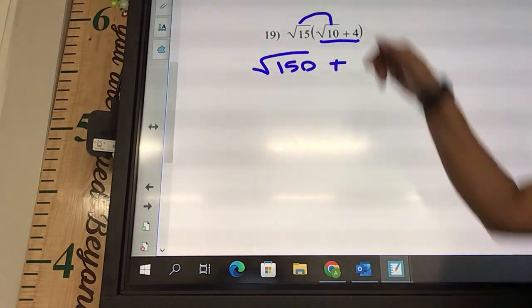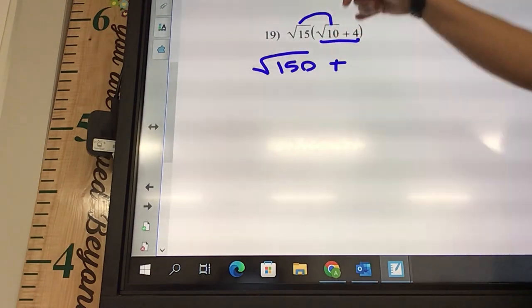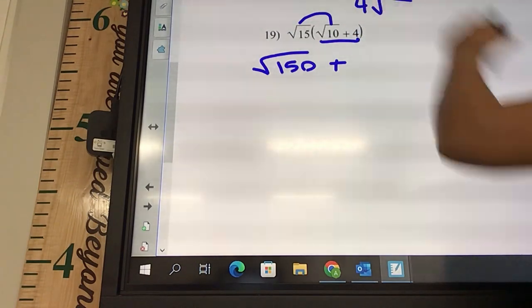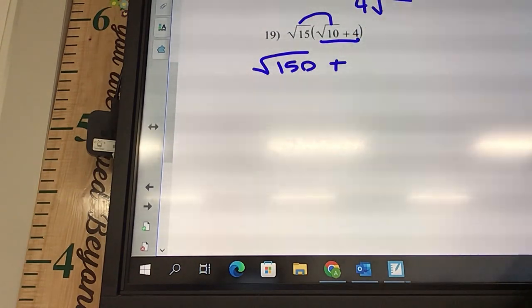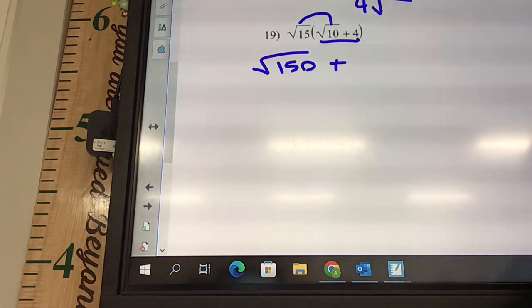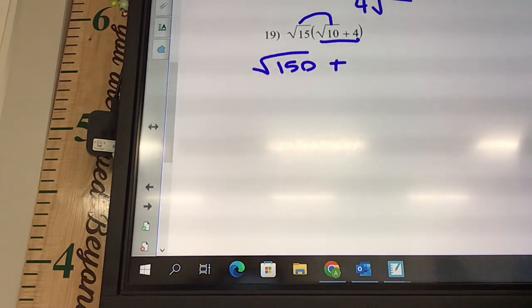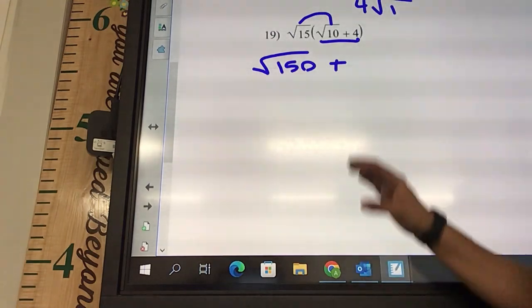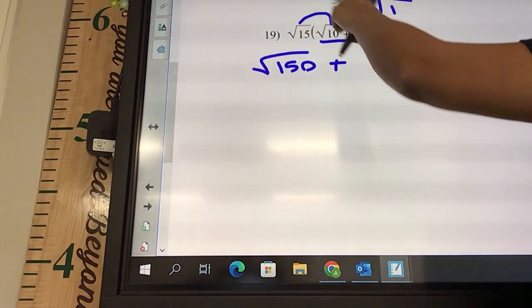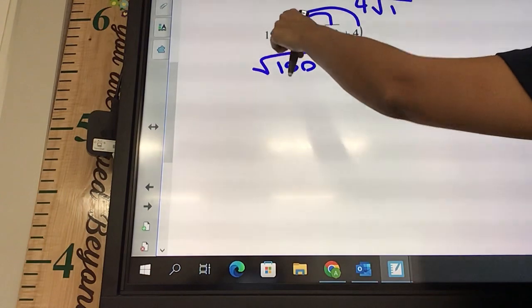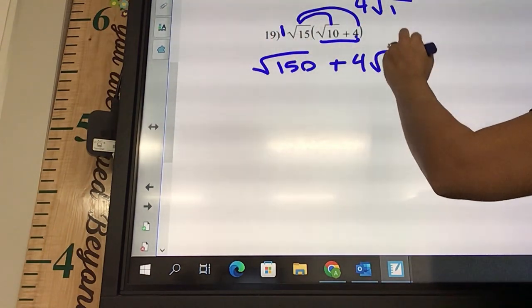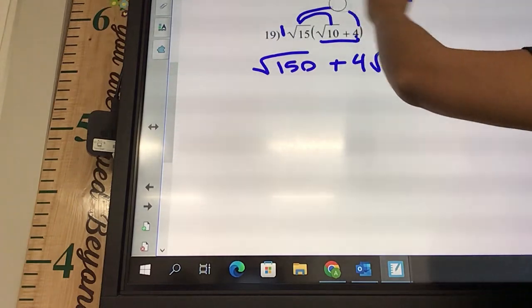Okay, now, because this one does not have the square root, this is the same as writing 4 square root of nothing, or that nothing being a 1, okay? So the 4, it's just going to look like this. So there's really a 1 right here. So what is 1 times 4? 4 square root of 15.